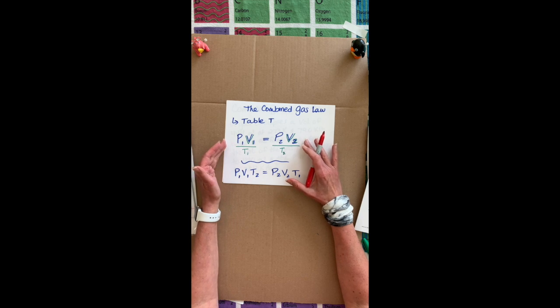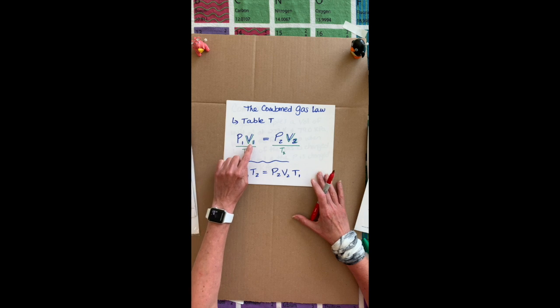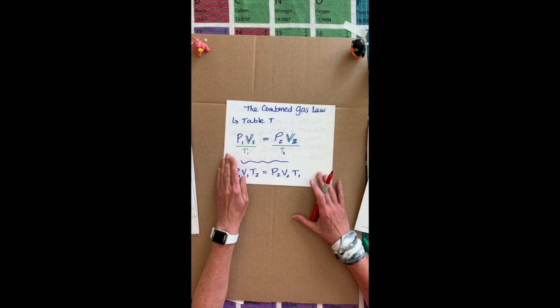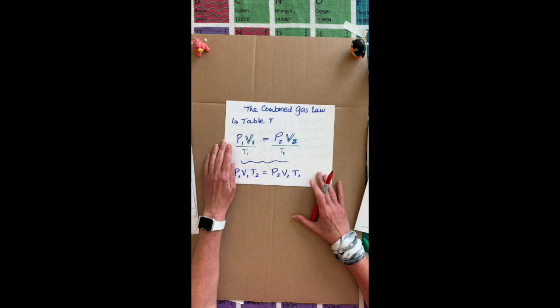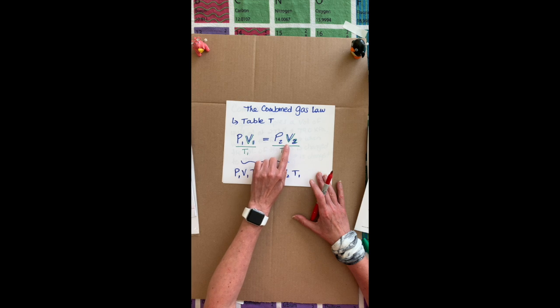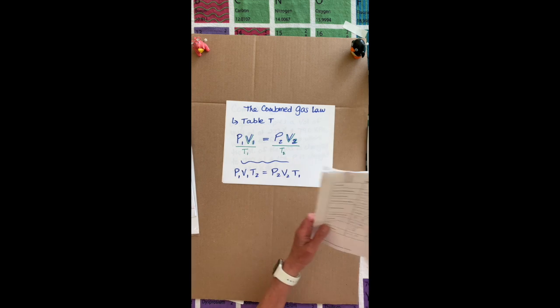If you look carefully at the equation for the combined gas law, you can recall what Boyle's and Charles's gas law equations would look like. So we have P1 V1 over T1 equals P2 V2 over T2. My color coding is meant to help you realize that P1 times V1 equals P2 times V2.